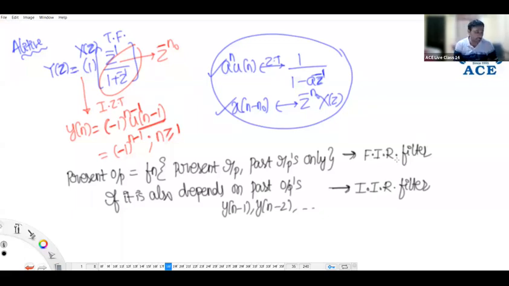In controls, it is like open loop and closed loop. An FIR system is like open loop. An IIR system is like closed loop. Only a combination of inputs is finite impulse response. If it also depends on past outputs, it is an IIR system.